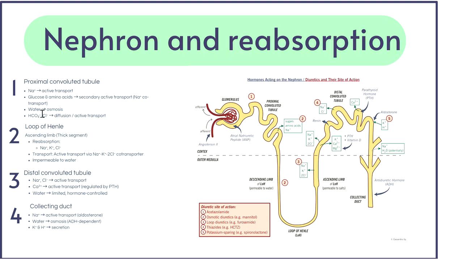We have subdivided it into 4, and then we have different types of transports. It is very important for you to understand the transports, and now probably you're wondering why, because different types of medications are acting on different types of transports, and they're interfering with different types of transports.